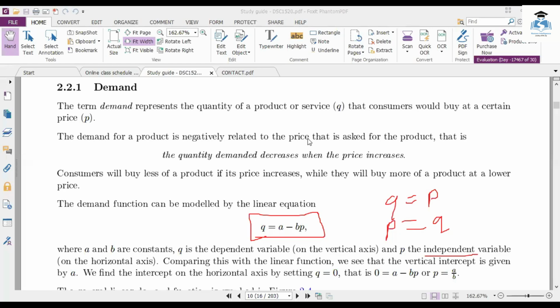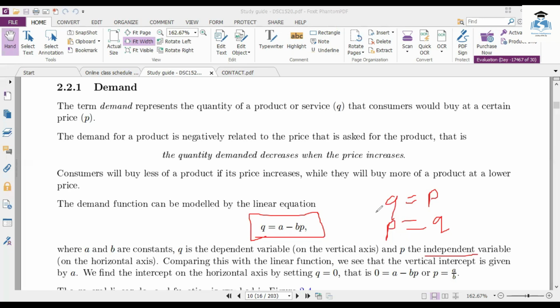Yes, somebody is saying the quantity I buy depends on the price of the product. Somebody is saying a study that is measured and affected by changes in the independent variables. Thank you. Yes. So what I was saying is that when a question is asked, you need to find out: is it the quantity that determines the price or the price that determines the quantity?